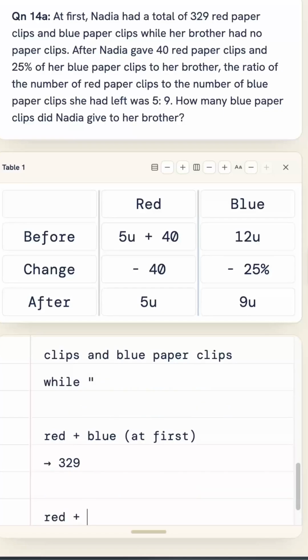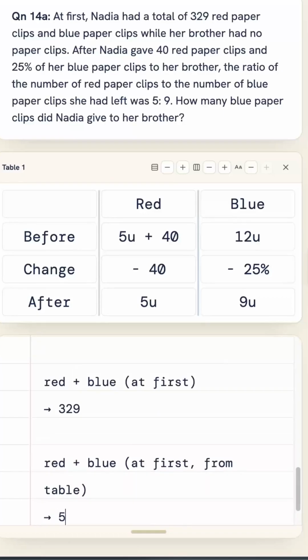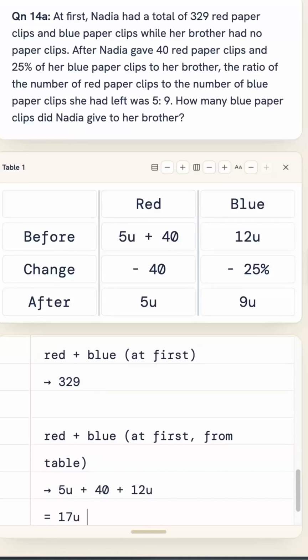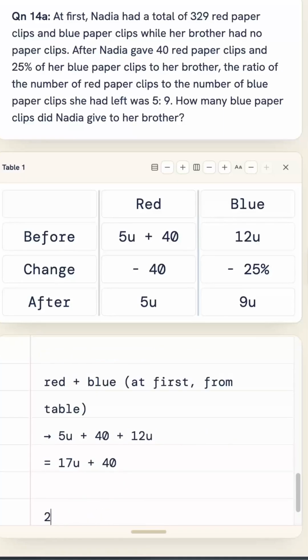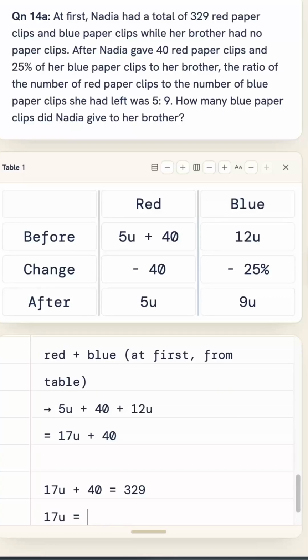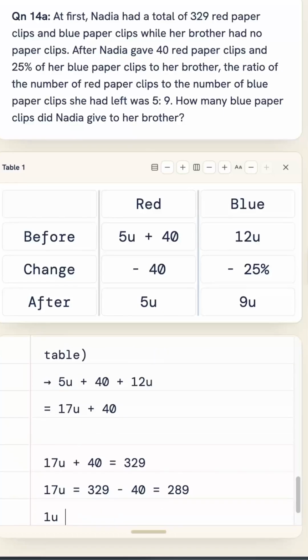And from the table, red plus blue at first is equal to 5 units plus 40 plus 12 units, which is equal to 17 units plus 40. Since they are the same, 17 units plus 40 is equal to 329. So 17 units is equal to 329 minus 40, which gives us 289. So 1 unit would then be equal to 289 divided by 17, and this will give us 17.